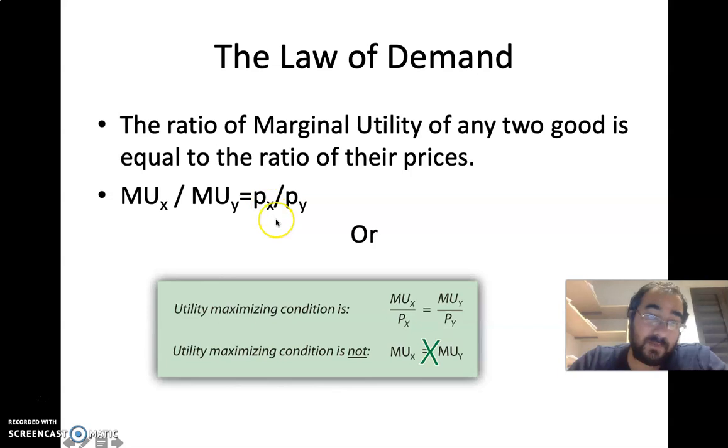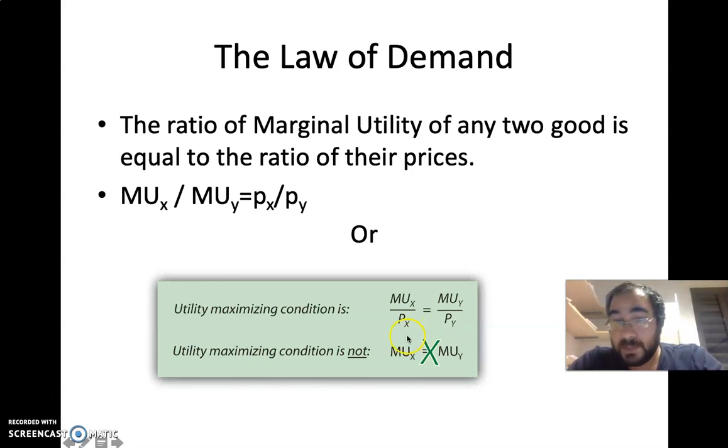So if we just play with this, we can divide this side by Px, so we get MUx over MUy. We will have on this side Px over Py. We multiply both sides by Py, so we will have MUx over Px is equal to MUy over Py.